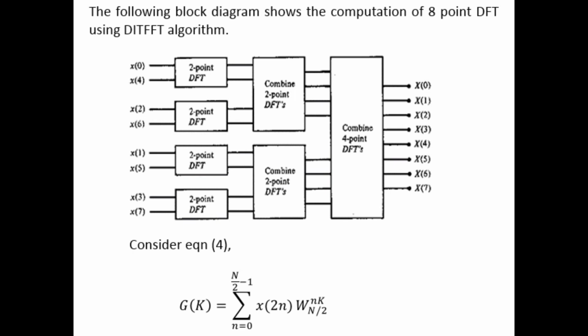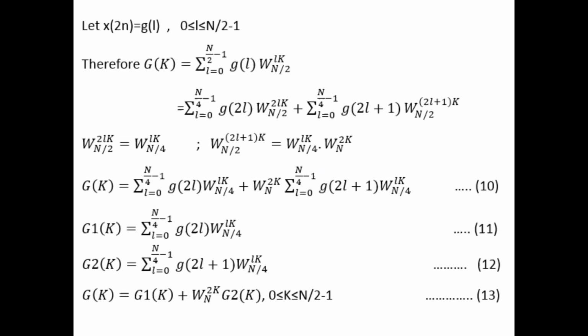G of k is equal to summation n is equal to 0 to N by 2 minus 1 x of 2n into omega N by 2 of nk. Let x of 2n be equal to g of l, where l varies between 0 to N by 2 minus 1.